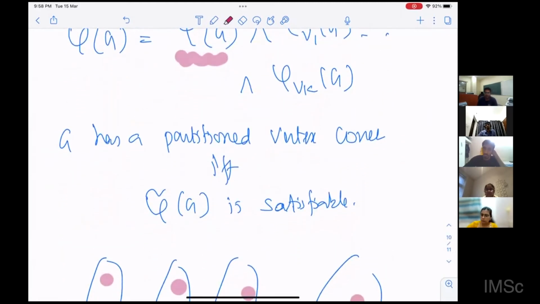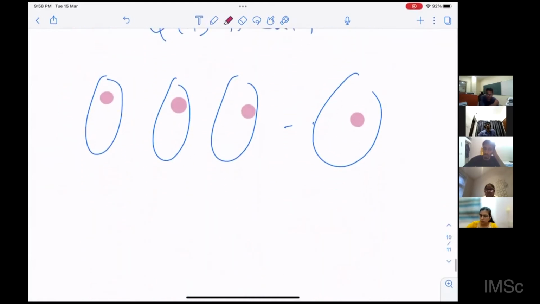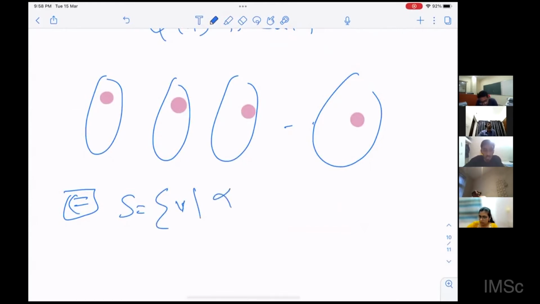Okay. But the reverse direction: look at the set of variables which are set to 1. Look at S such that v is in S and alpha sets v to 1.